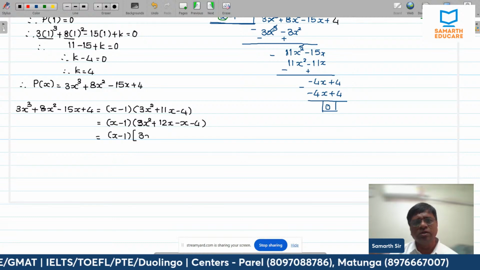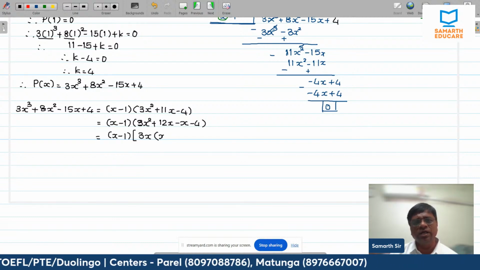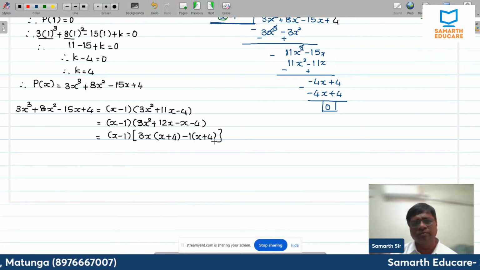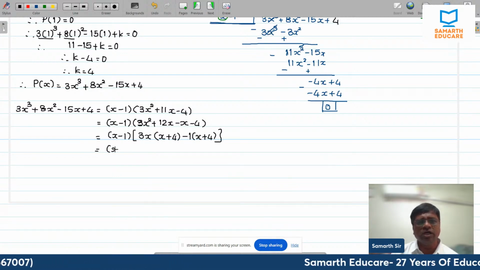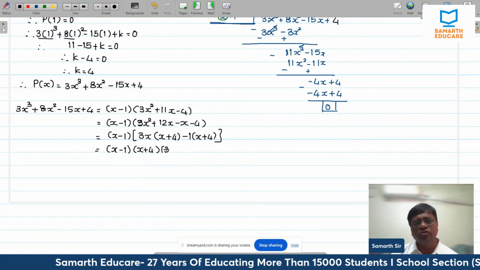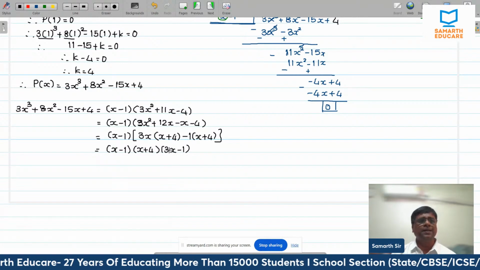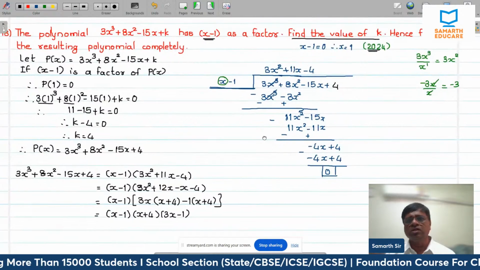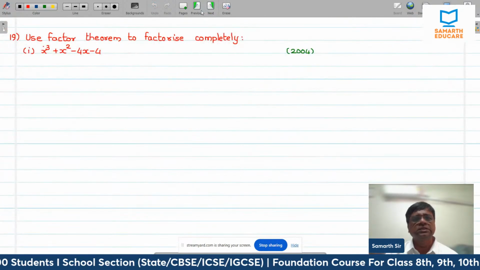From 3x square, I take 3x common, I get x plus 4. Then I take minus 1 common, I get x plus 4. Now that is equal to x minus 1 into x plus 4 into 3x minus 1. This is the complete factorization, right? This will give you 4 marks.